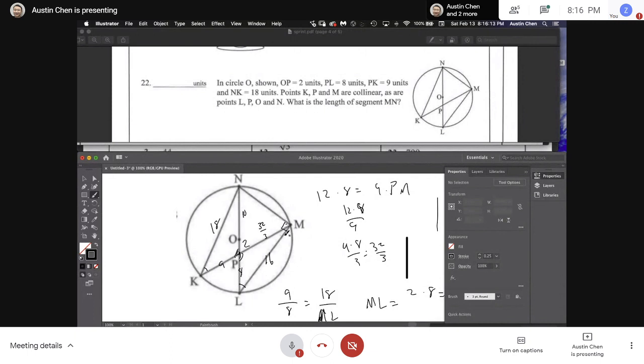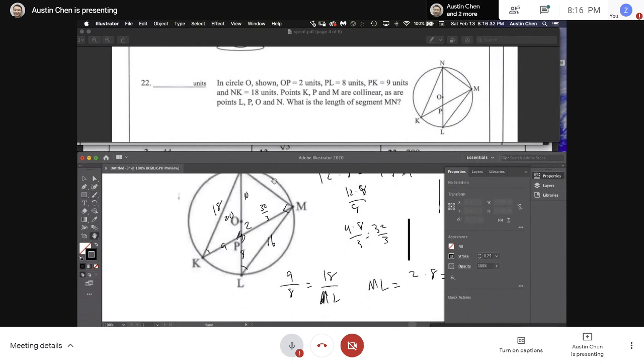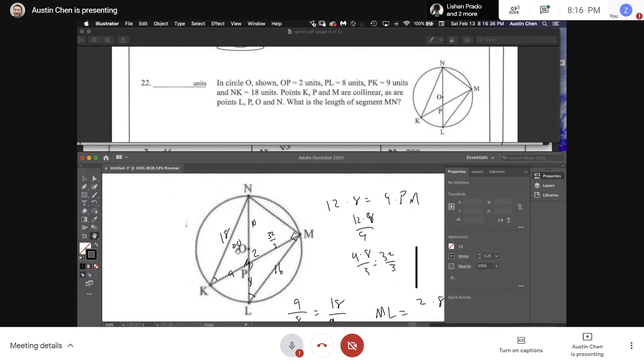So now that we have this right angle, this is going to be extremely useful, right? We know that this whole diameter, NL, is going to be our radius times 2, or 20. Or we can just add all that up, right? And we found before that ML was 16, right? So then all we have to use is the Pythagorean theorem to find what MN is.